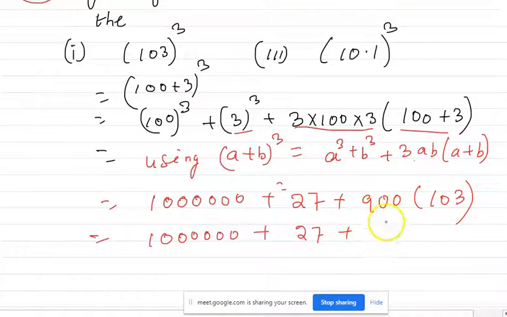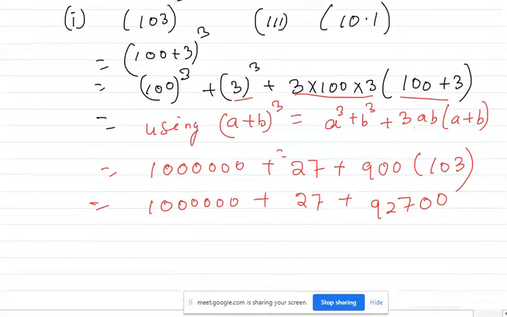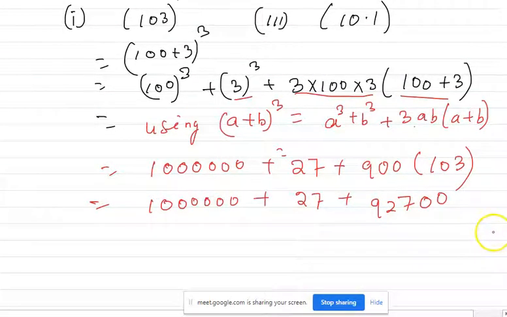If you multiply, how much is coming? Okay, I am multiplying. 9 3s are 27, 9 1s are 9. How many 0s? 2 0s. It will come 927 00. Add this.